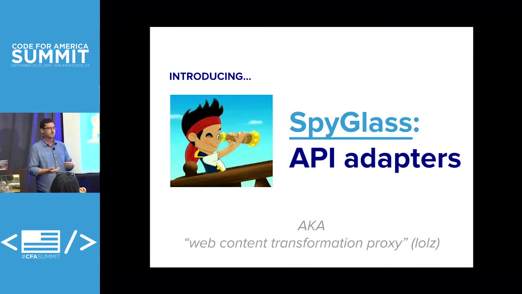And so what we've developed is, it's actually not a new idea, it's just a new application of it. Spyglass is an API adapter. The technical term for this is Web Content Transformation Proxy. A proxy is just an intermediary for a web request. I'm going to just real quick show you what that would look like.